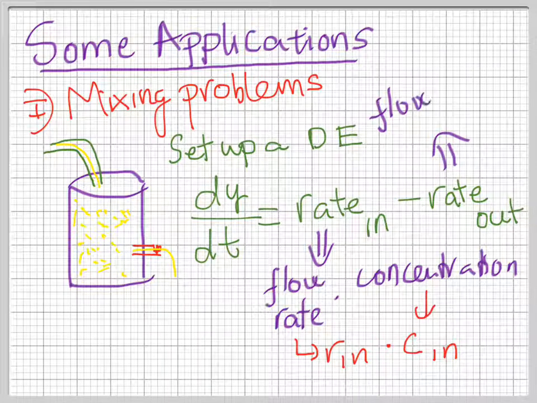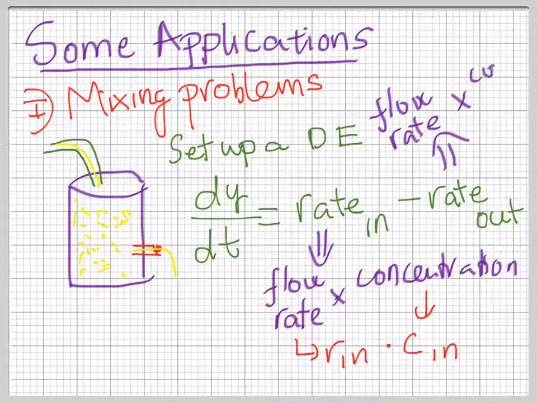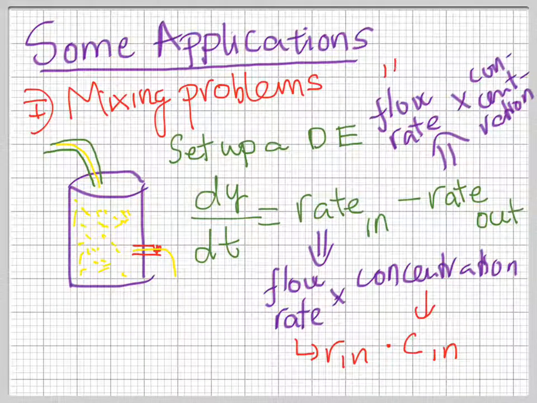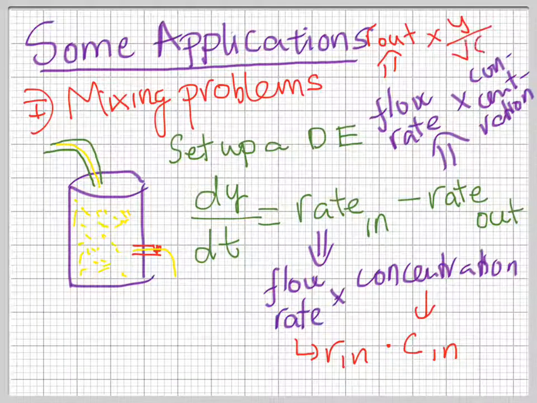Rate out equals the flow rate again multiplied by the concentration of the chemical substance at that time t. The flow rate out is called R out, and the concentration equals the amount of the chemical substance divided by the volume of the mixed water in the tank at a certain time.